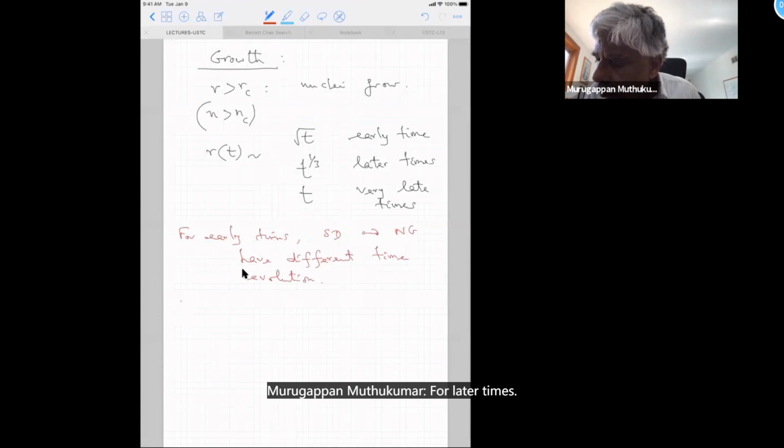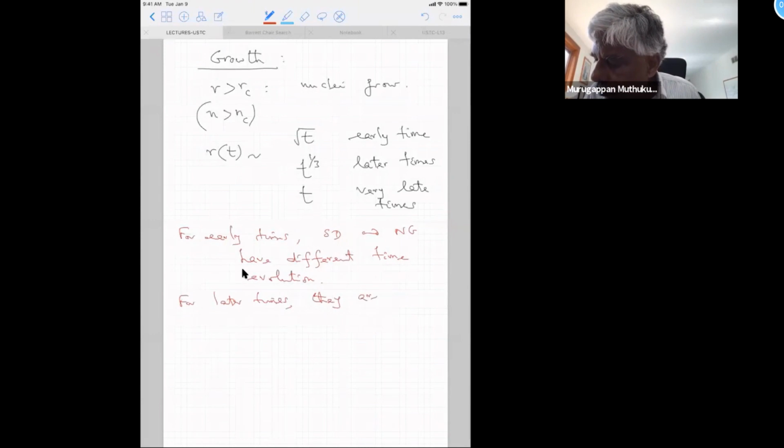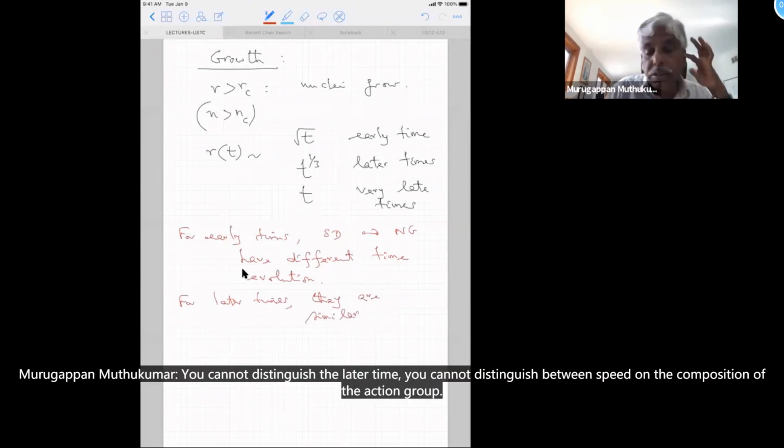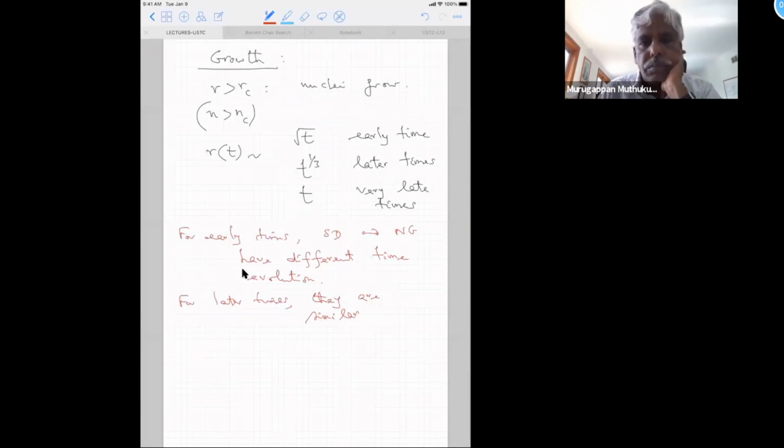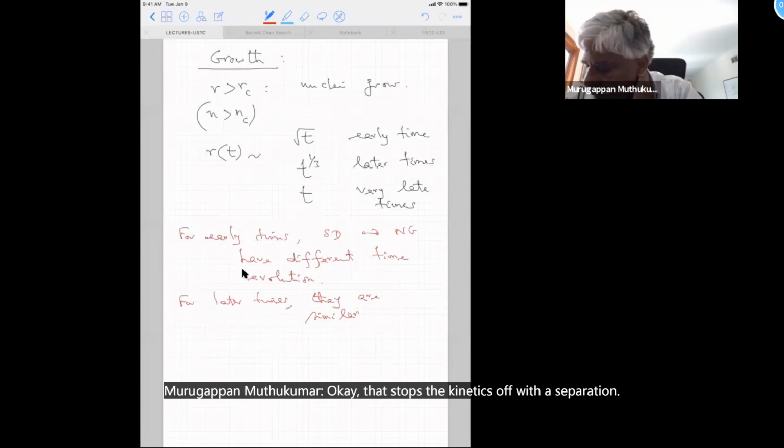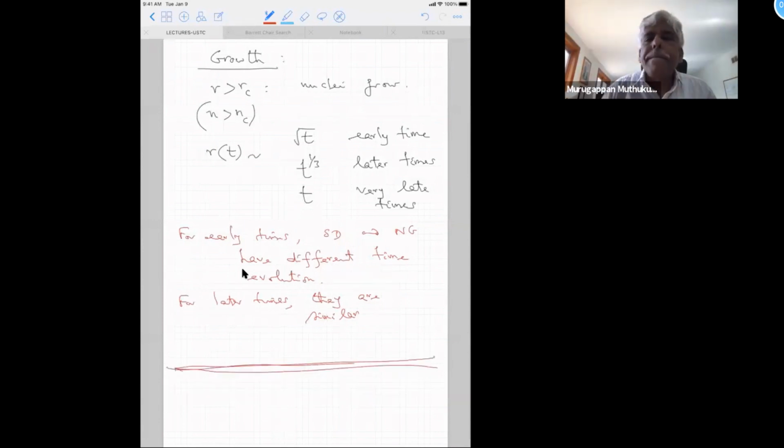For later times, they are similar. Okay? You cannot distinguish. At later times, you cannot distinguish between spinodal decomposition and nucleation growth. Okay, that stops the kinetics of phase separation.